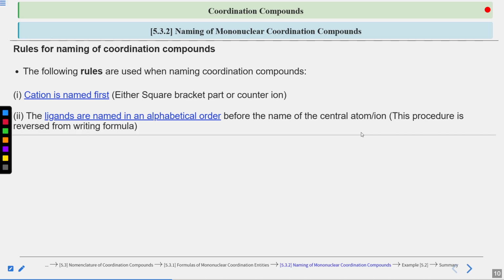If there are more ligands or different types of ligands, you have to arrange them in alphabetical order while naming the coordination compound. This procedure is reversed from writing the formula, because remember, while writing the formula you have to write the central atom first, right? But while writing the name of the coordination compound, you have to write the name of the ligand first, before the name of the central atom or ion.